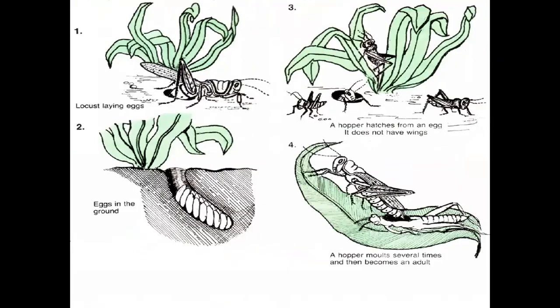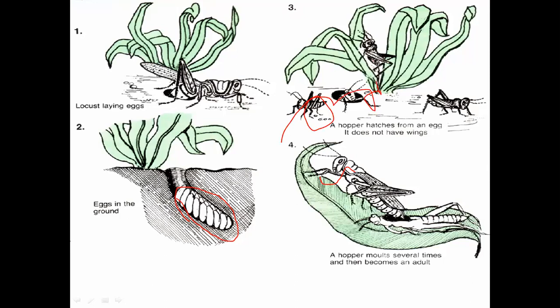Okay, again I am showing you the second picture, an example of grasshopper. Suppose these eggs are laid inside the soil or ground by the grasshopper adult. When the eggs hatch, the young one comes out.